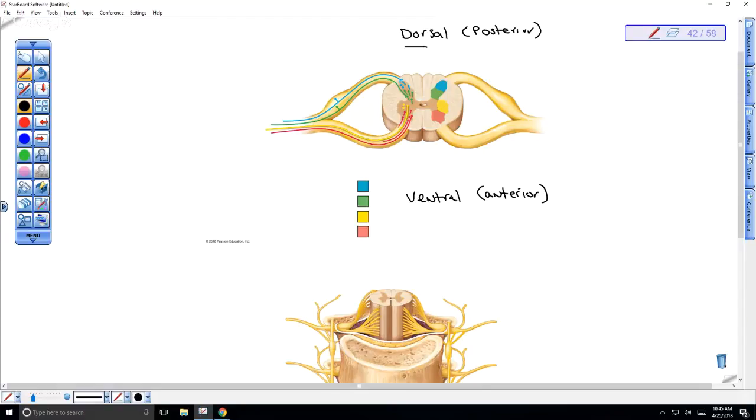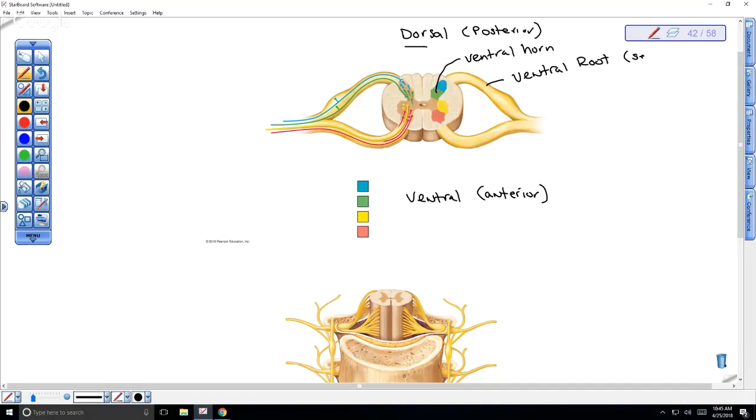So we can talk about the spinal cord, and the ventral horn is the gray matter. So this is my ventral horn. And we call this the ventral root.